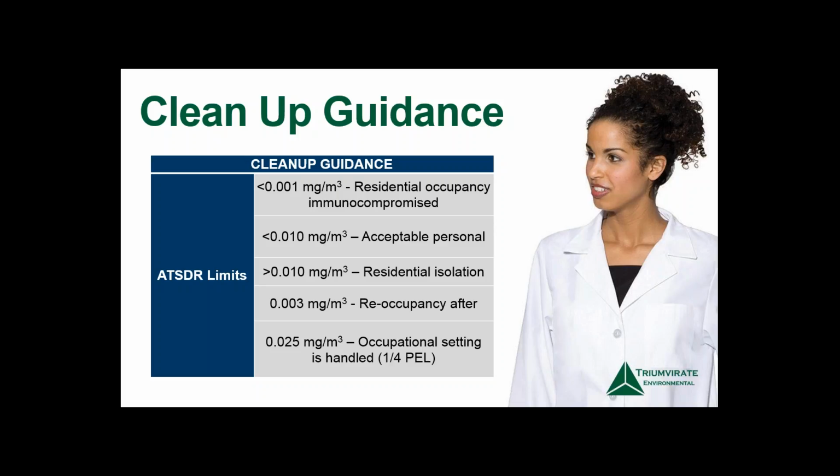And they even set a level for an occupational setting where mercury is handled at 0.025 milligrams per cubic meter. So that's a lot to take in, but these are recommended values that we like to follow at Triumvirate because they're the most stringent, and there's a lot of study to back these levels up for human health and safety.